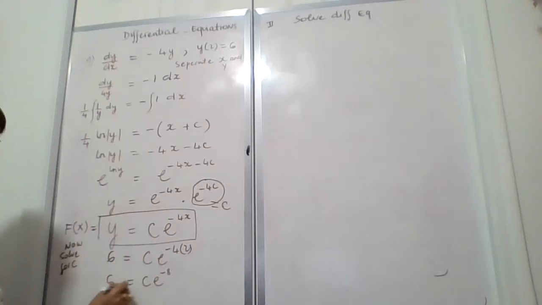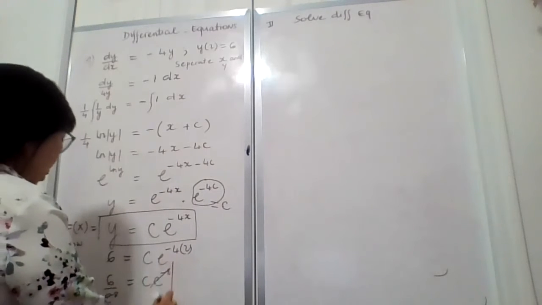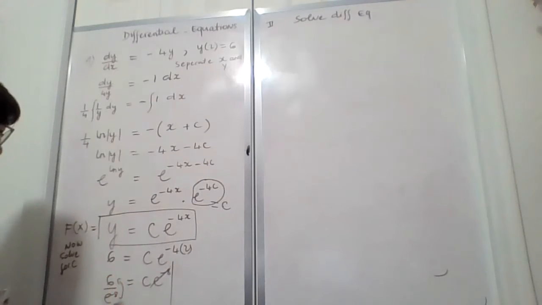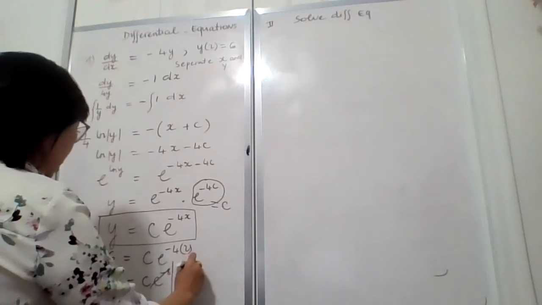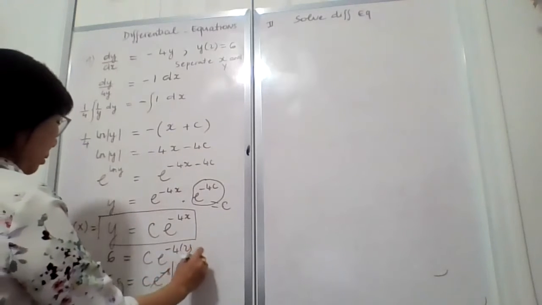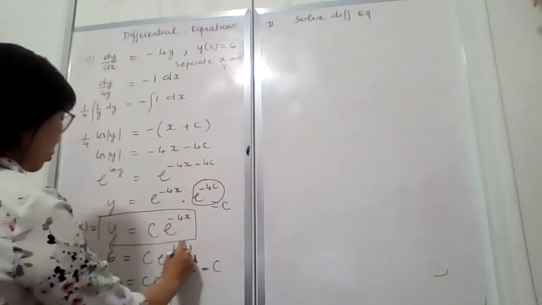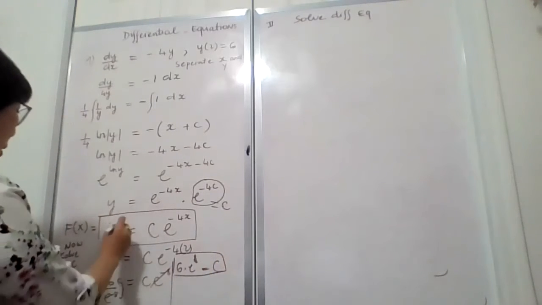Now at this point, I'm going to kick the e to minus 8 over to the other side. So multiply becomes divide. And that's gone. So now I'm going to bring this up. So 6 times e to the positive 8 equals c.